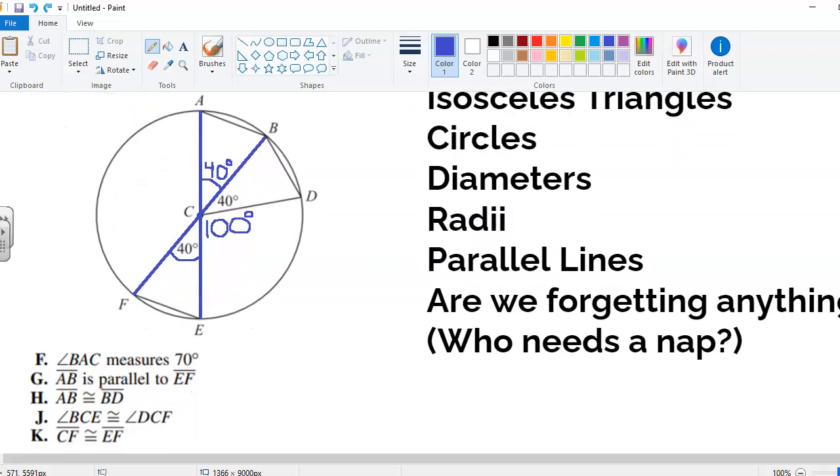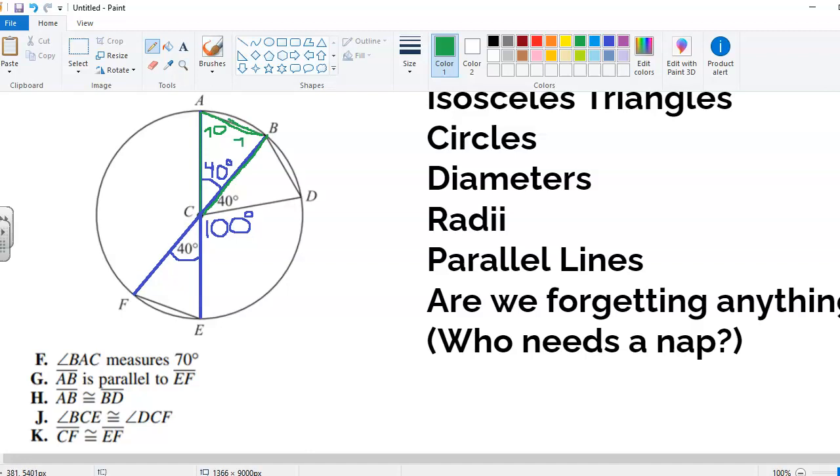Option F, BAC measures 70 degrees. All right, well, let's take a look. BAC would have to be 70. Take a look. We have 70 degrees. Well, if we treat this as a radius and we treat this as a radius, it reminds us that ABC is an isosceles triangle.